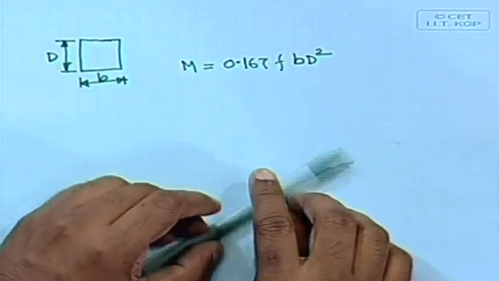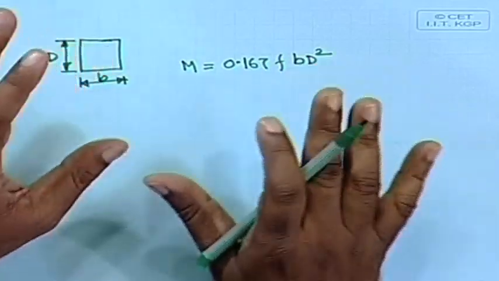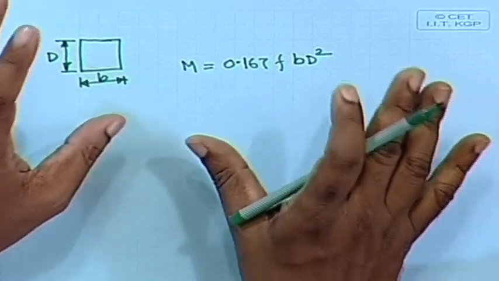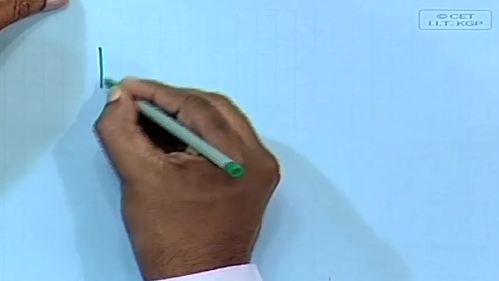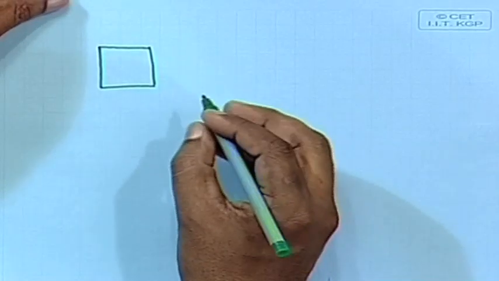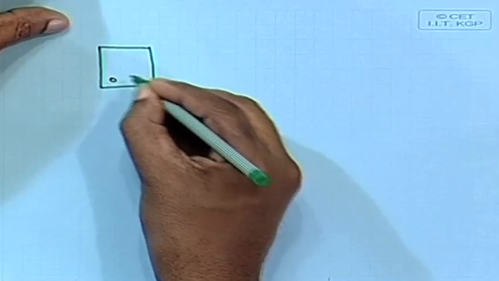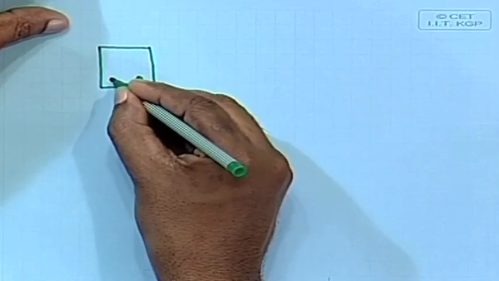So, now what we shall do here: this was very simple, we were considering a homogeneous section, where top and bottom have the same permissible stresses, but for concrete we do not have that case. When we are considering concrete, we are assuming the tensile zone at the bottom.